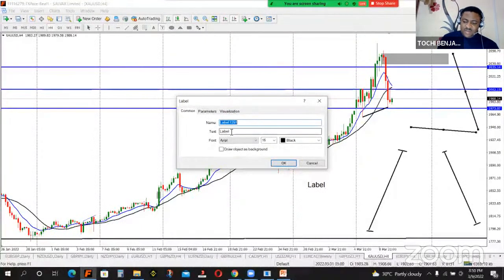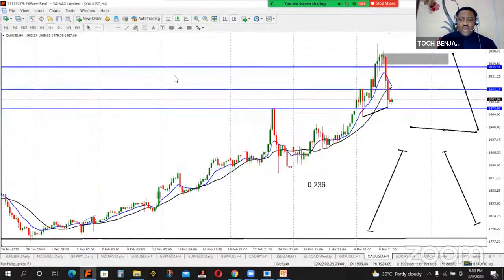Fibonacci said the level is 0.236, and when you convert it, when you multiply it by 100, it becomes 23.6.